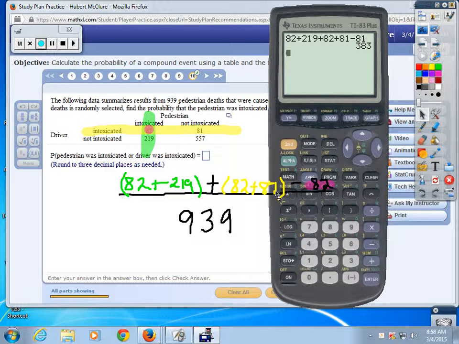Oh, I can't read my own writing. Minus 1. Is that better? Divided by 939 equals 0.4068, so 0.407.